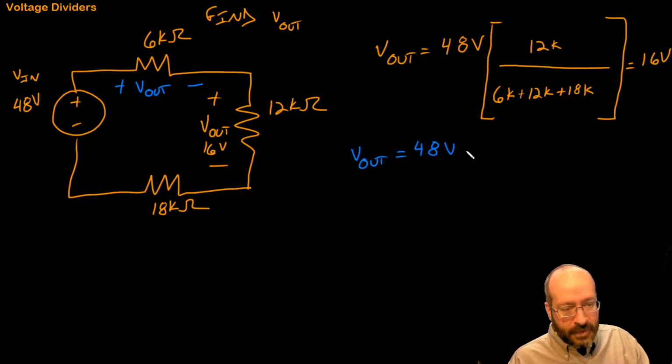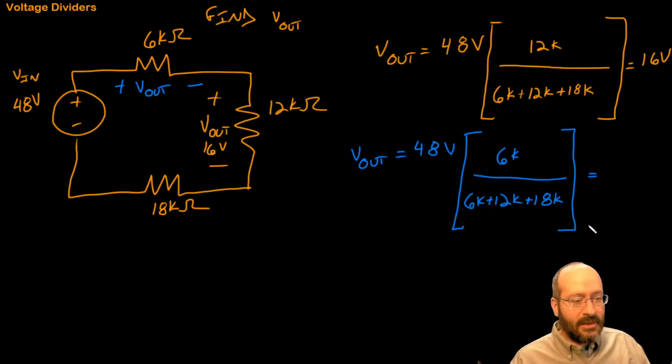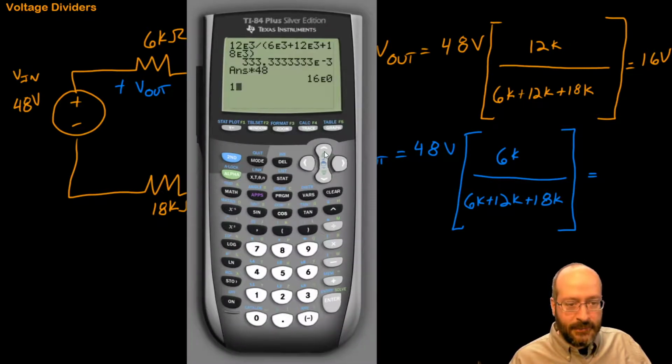So I'm going to start off writing it the same, but the numerator is going to be different. The denominator is the same, 6K plus 12K plus 18K. But now I'm looking for the voltage across the 6K, so I'm going to get 6K in the numerator.